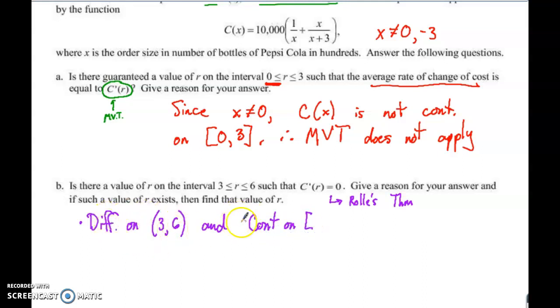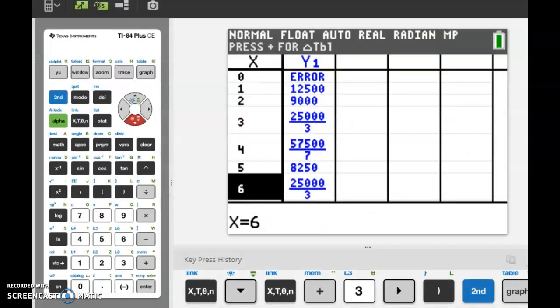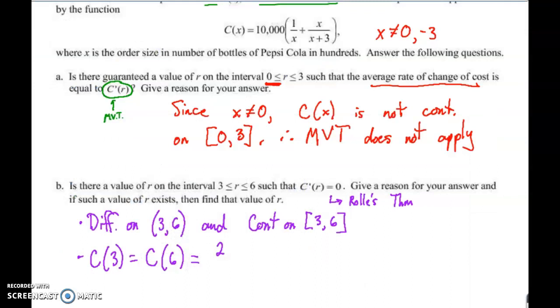Differentiable on the open and continuous on the closed. And because c of 3 is equal to c of 6, which equals, I think it was, 25,000 over 3.